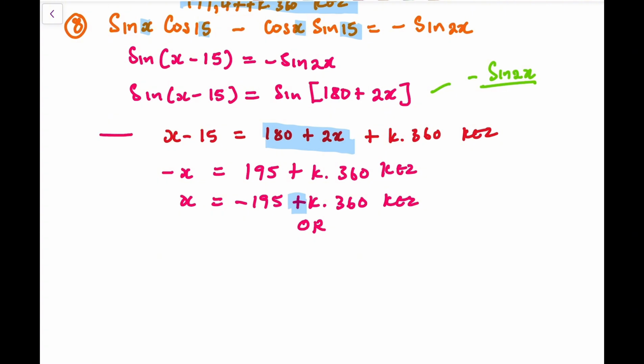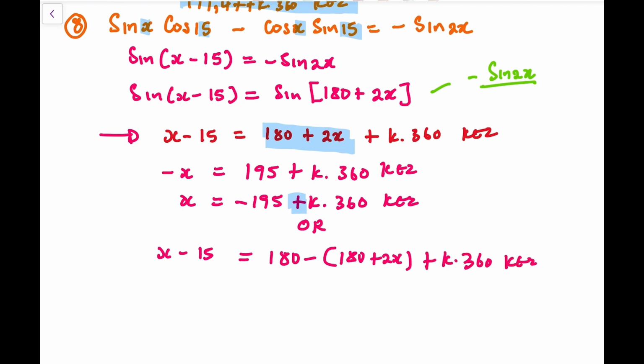And then you go back to that step and say x minus 15 is equal to now 180 minus, and then you open the bracket, 180 plus 2x, and then plus k multiplied by 360, where k is an element of all integers.